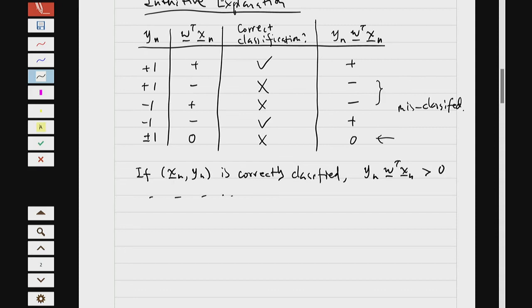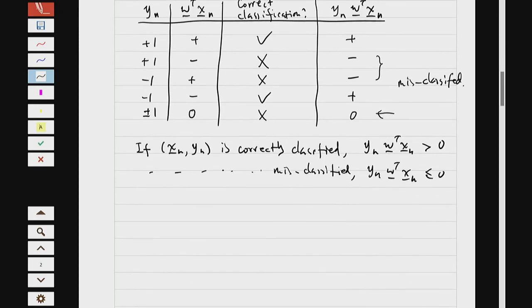And if this is misclassified, this product is less than or equal to 0. Now let's see what happens when we do the perceptron learning algorithm update. Suppose you have a point that's misclassified.